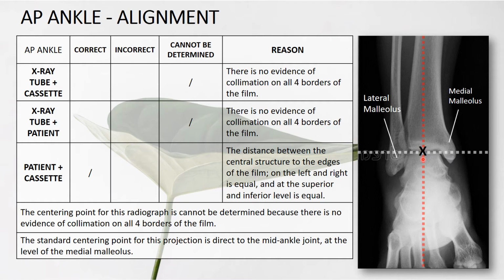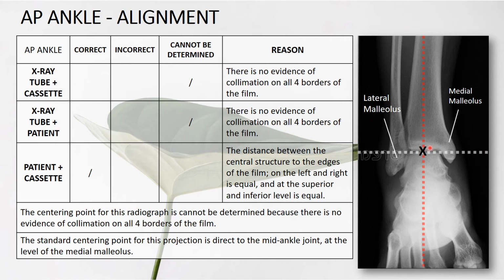This is because the distance between the center structure to the edge of the film on the left and the right is equal, and the superior and the inferior level is also equal. The centering point for this radiograph cannot be determined because there is no evidence of collimation on all four borders of the film.